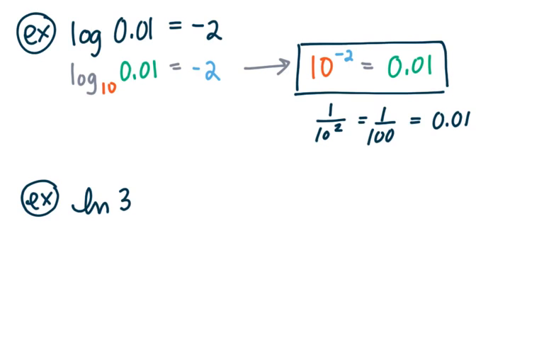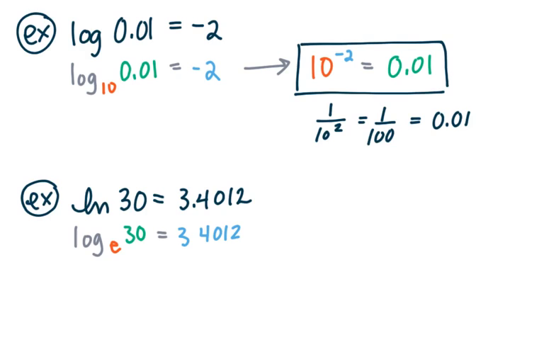The natural log of 30 equals 3.4012. So this is a natural log. Remember, a natural log is base e. So this is the same as writing log base e of 30 equals 3.4012.